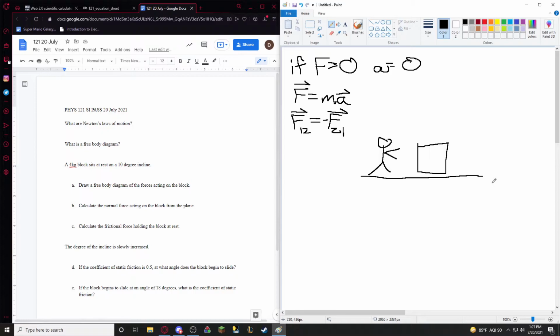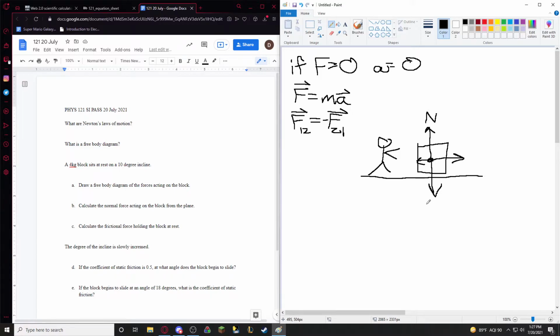There would be the weight going downwards and then the normal force going upwards with the same magnitude, and then the force of the push going towards the right. And if there was friction, then that goes towards the left in a smaller magnitude. Exactly.